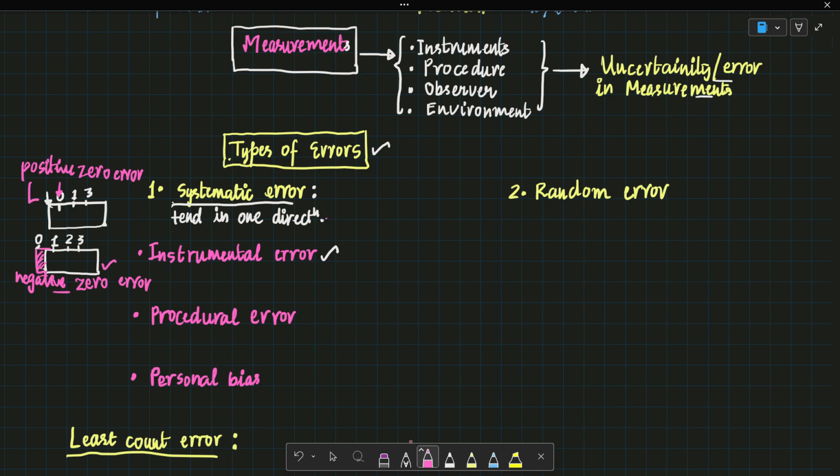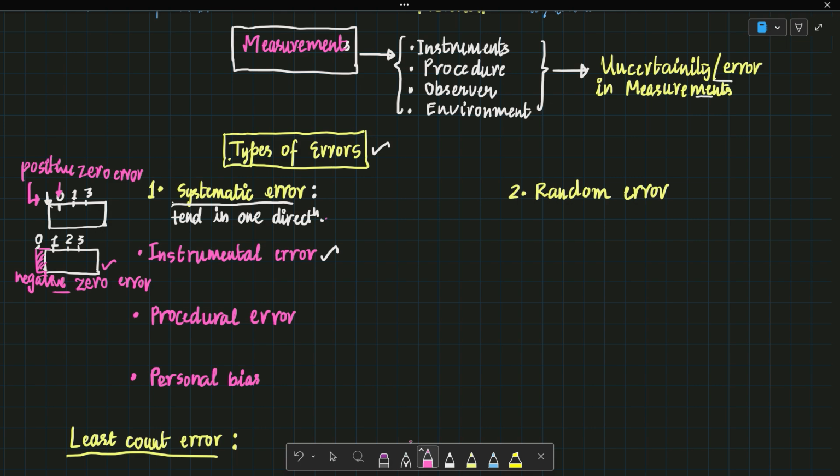This is called positive zero error, this is called negative zero error. So there will always be some error because of a faulty instrument. Or we can have an instrument that is less precise, so that will also give error.